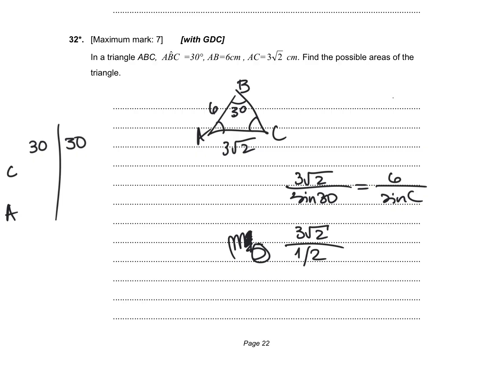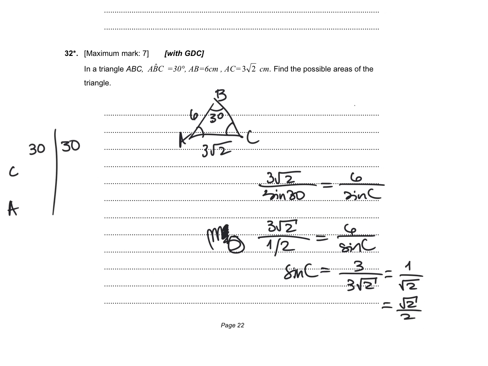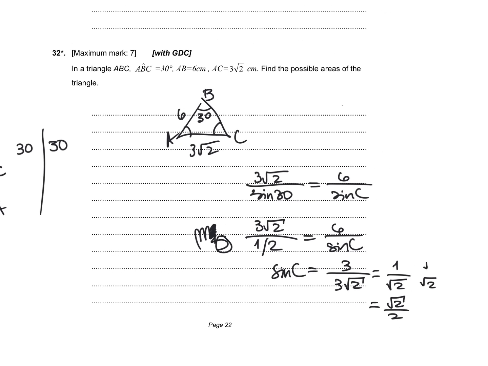And we have 6 over sine C, so sine C is going to be 3 over 3√2. So this is actually 1 over √2, which is √2 over 2, if we were to rationalize the denominator.